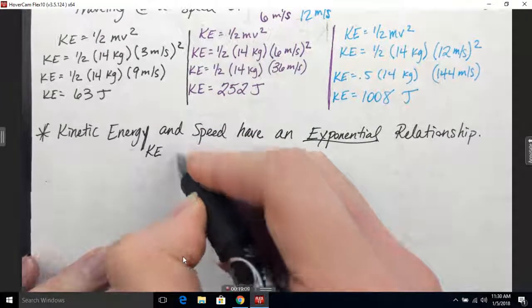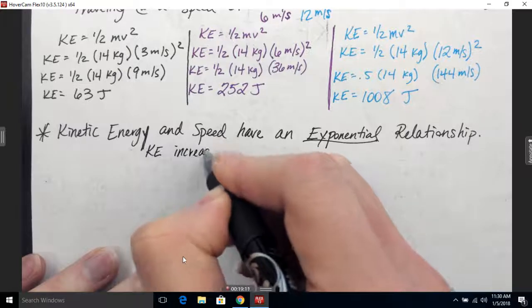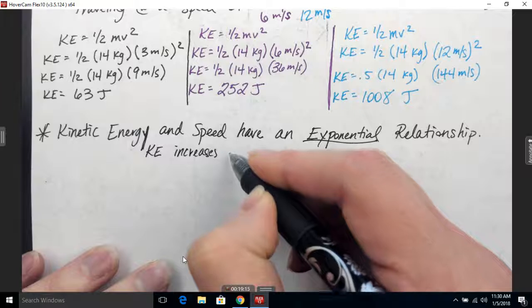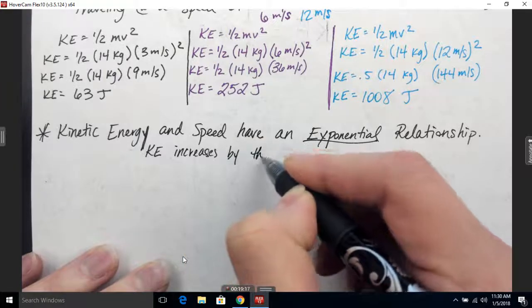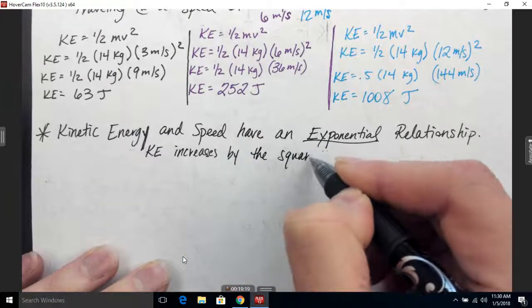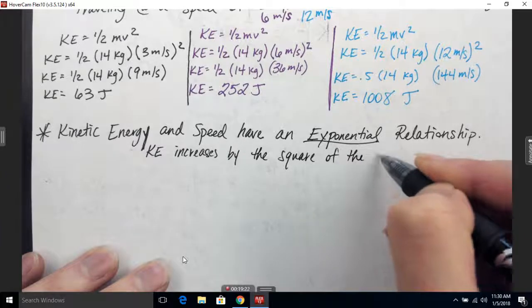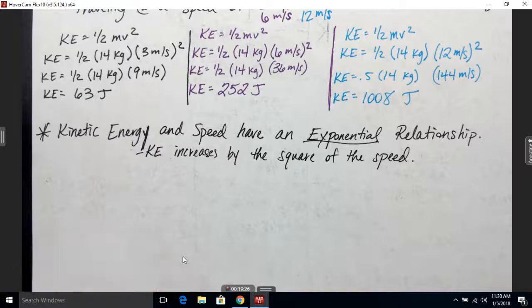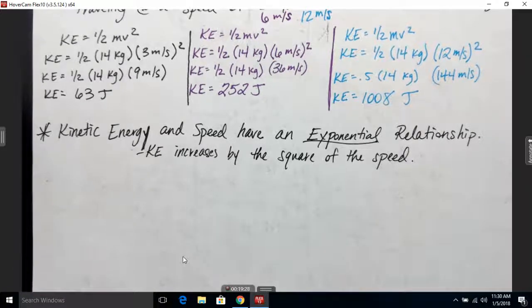Kinetic energy increases by the square of the speed. That's what you got to know. It increases by the square of the speed.